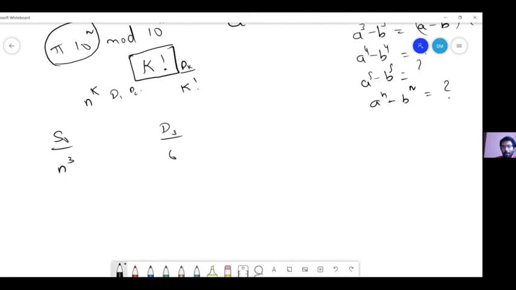It will be 6 all through. Now the question is, if the starting sequence had been 3 times n cube, what would this difference be? Now it is 3 times n cube, and then you take successive difference of that sequence. Then what would this be?